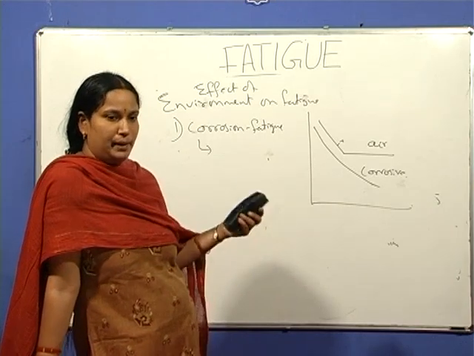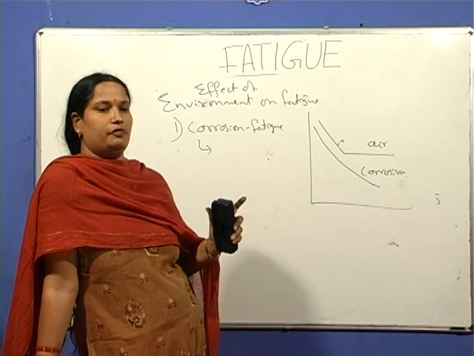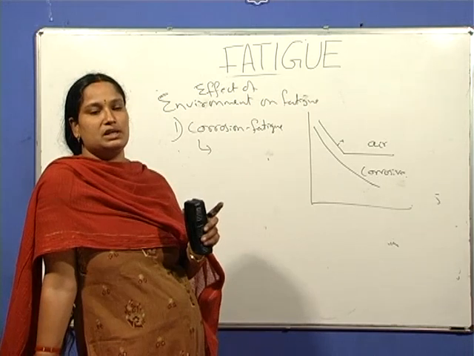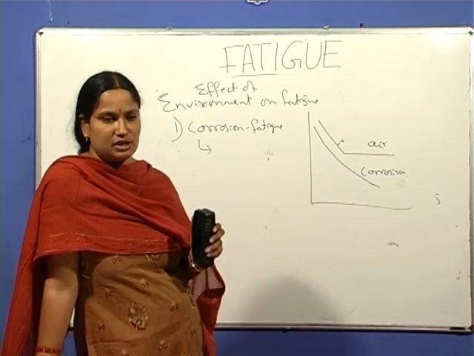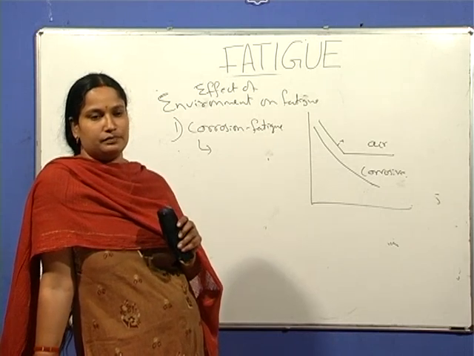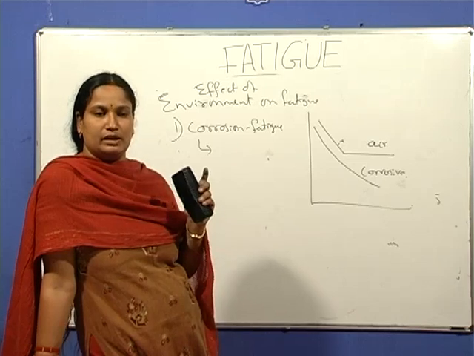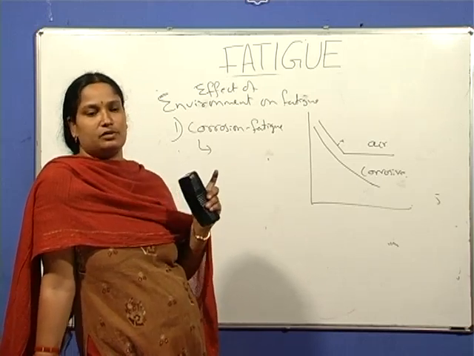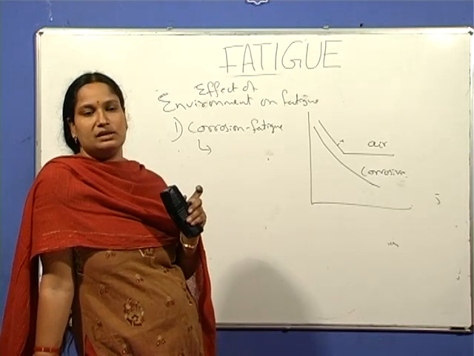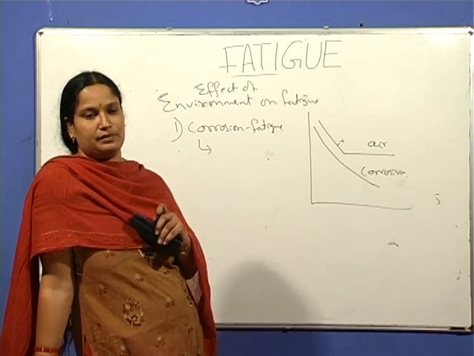So, in order to combat this corrosion fatigue, in the case of a very aggressive environment, initial preference has to be given to a more corrosion resistant material than a high fatigue strength material. So, for an application in an aggressive corrosive environment, high corrosion resistance material is preferred when compared to the fatigue properties.